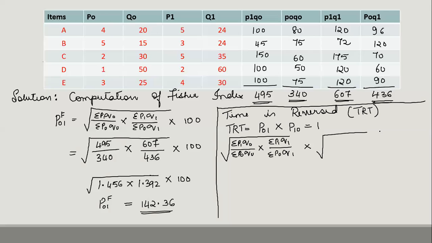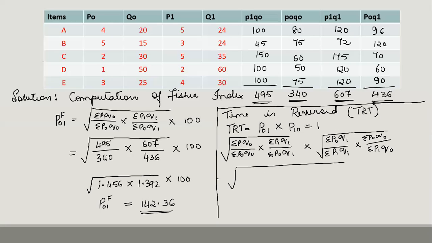So that will be the square root of summation P0 Q1 divided by summation P1 Q1, into summation P0 Q0 divided by summation P1 Q0. To remember it easily, it is the reverse. Now we will substitute the values.